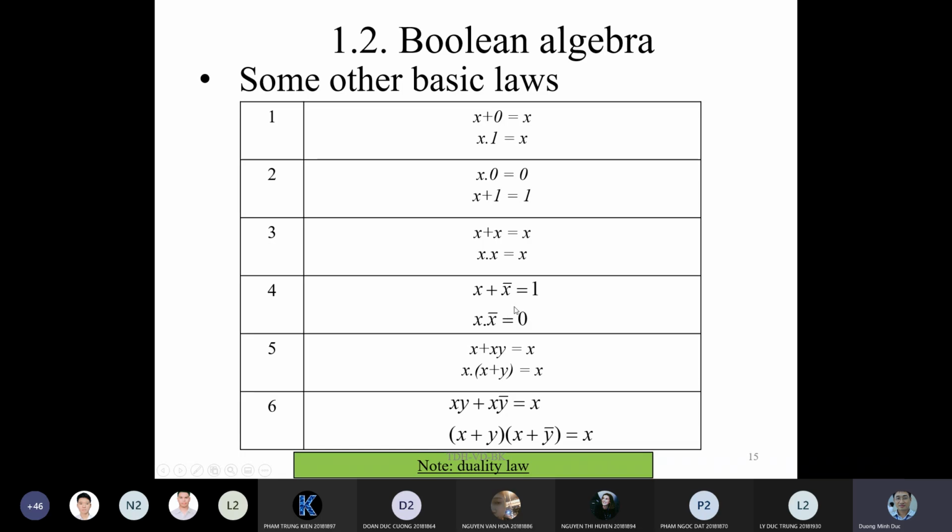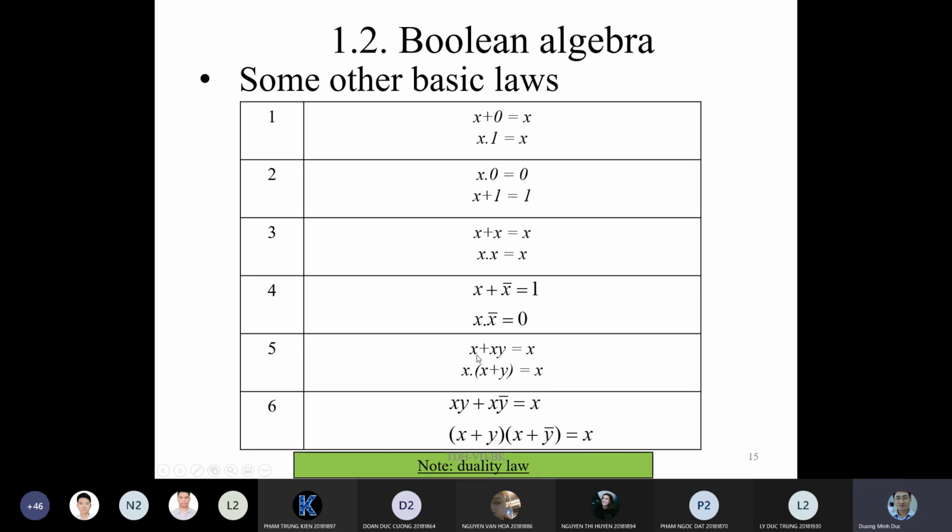And the fourth is x plus negation of x is equal 1. What we have as the duality is x multiply x negation equal 0. Here 1 is changed to 0. Okay.